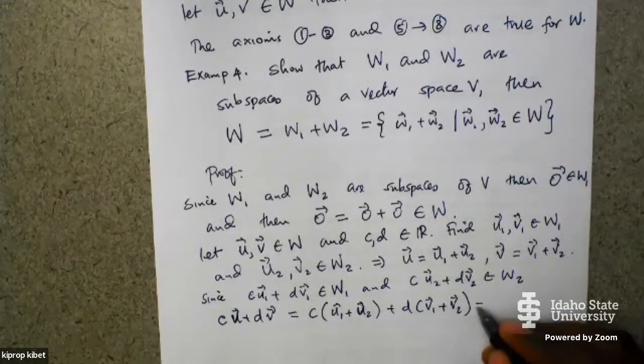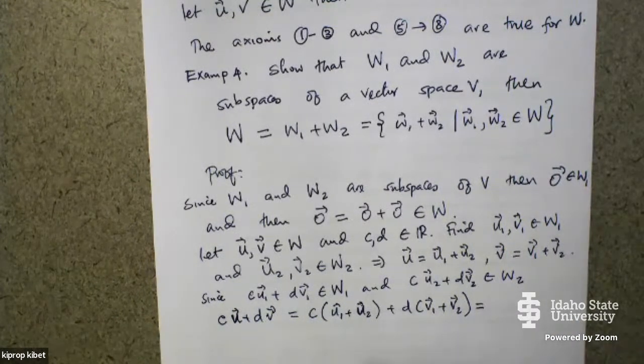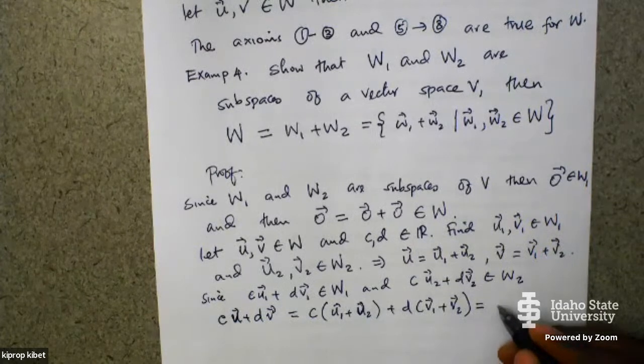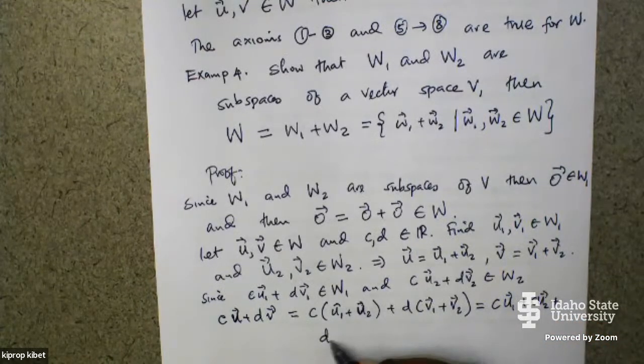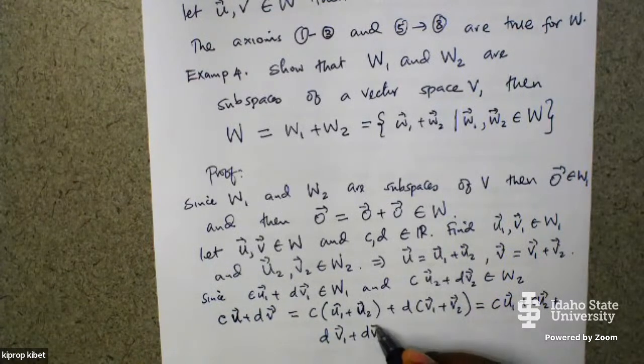We can distribute the constants, which gives cu1 plus cu2 plus dv1 plus dv2.